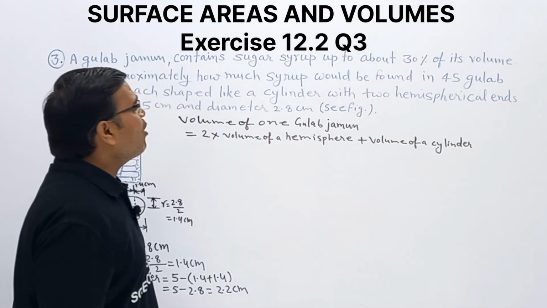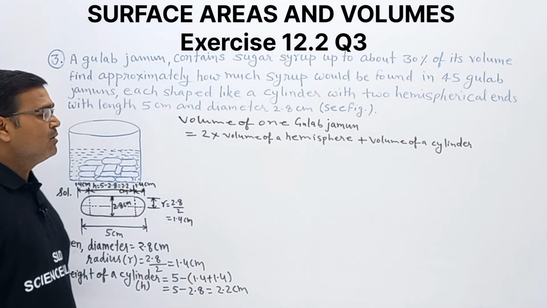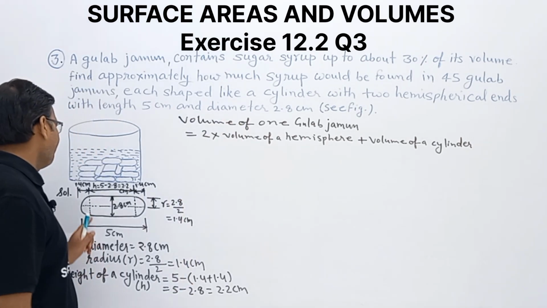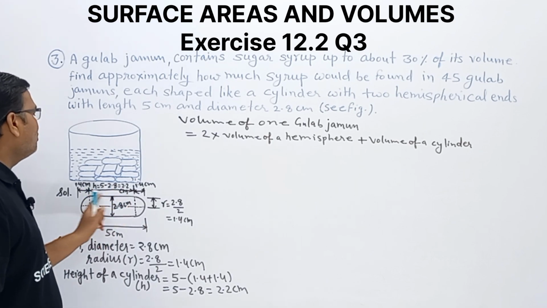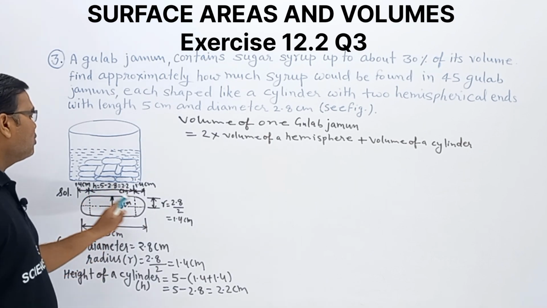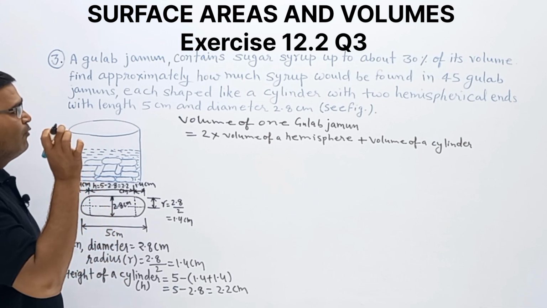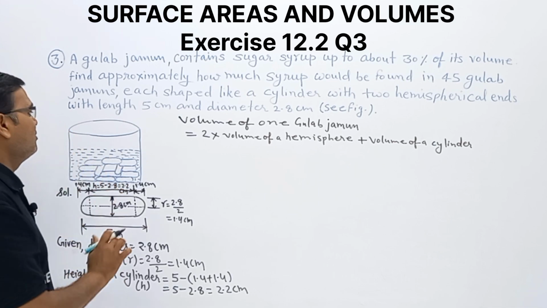Clear? So the volume of 2 hemispheres plus the volume of a cylinder will be the volume of one gulab jamun. Clear?